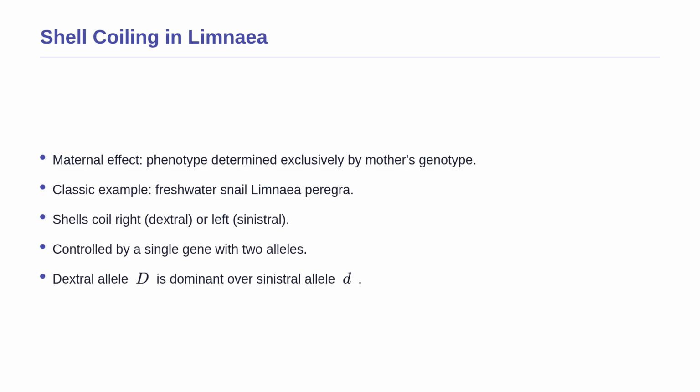We see this perfectly in a species of freshwater snail known as Limnaea peregrina. The shell of this snail can coil in one of two directions, to the right, which is called dextral, or to the left, which is called sinistral. The direction of this coiling is controlled by a single gene with two alleles, where the dextral allele is completely dominant over the sinistral allele.